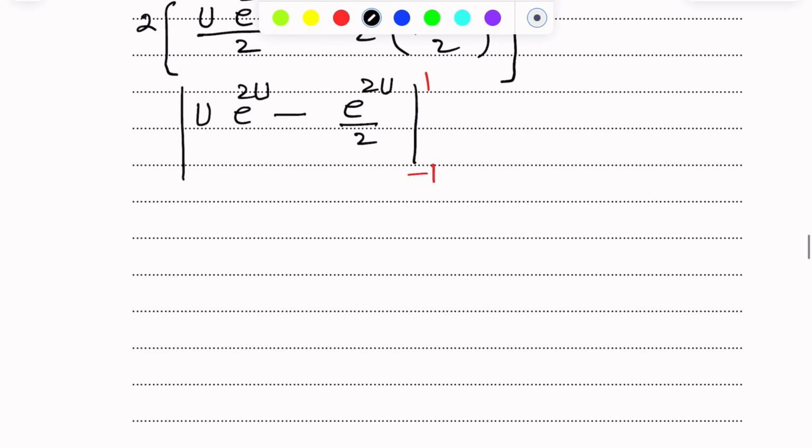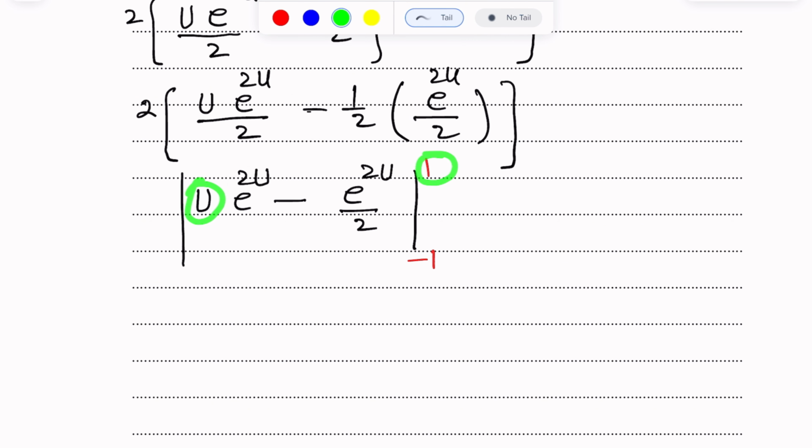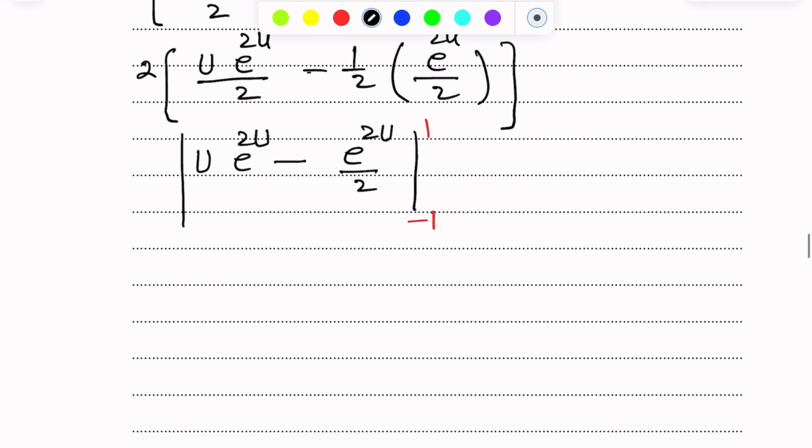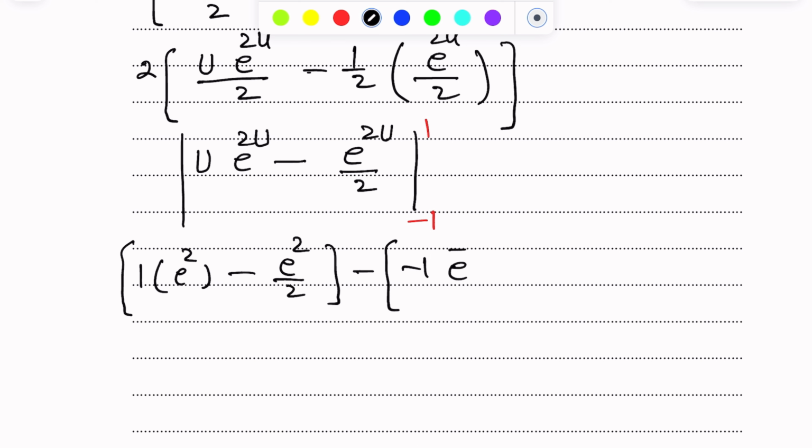Using the limits, in place of u first we will put 1. This becomes 1 e square minus e square over 2, upper limit, minus, minus 1 e power negative 2 minus e power negative 2 over 2.